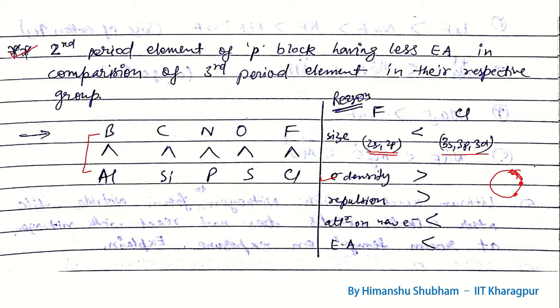Now when an extra electron wants to add to fluorine, since it has a higher electron density, addition of this extra electron would be difficult, and therefore the electron affinity of fluorine would be less than that of chlorine. A similar explanation can be given for the other second period elements.